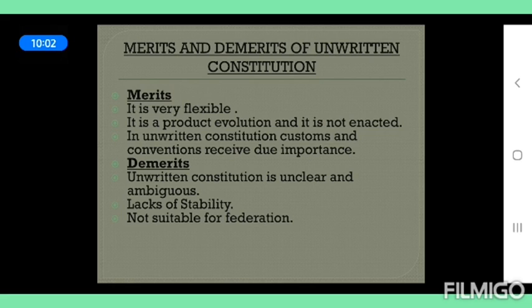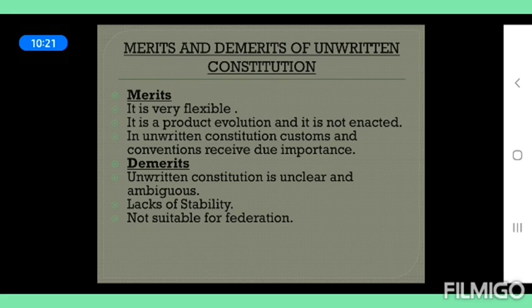So amendments can easily be made in the constitution, as it can easily deal with the changing conditions of the country. We can also say that it can easily accommodate the welfare measures of the people. That is why it is very flexible. So that is the number one point of merits.